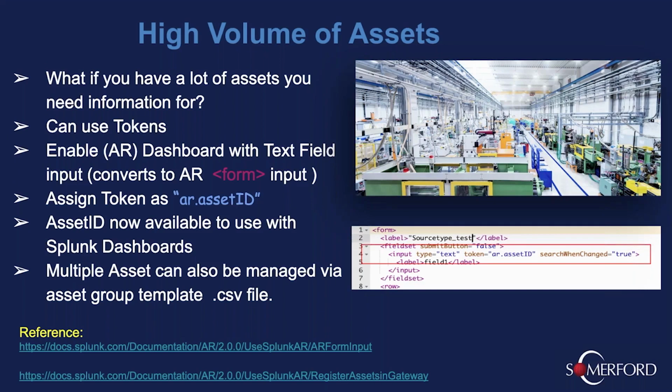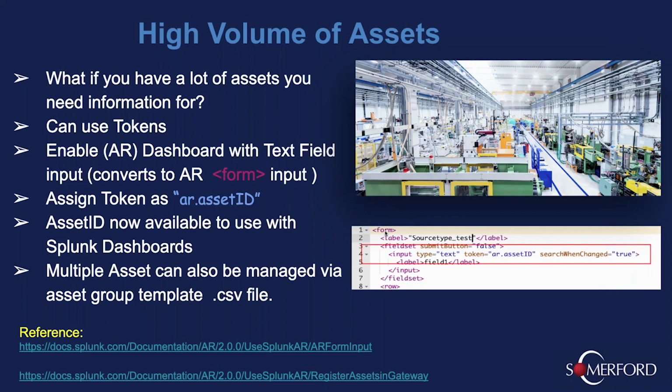If you enable a dashboard with a text field input, it turns the dashboard into a form. So you can see there's form, and that's changed from dashboard automatically. Then if you assign a token as AR Asset ID, as you can see in the red box there underneath the form, then you've got a way of being able to search based on that asset ID.